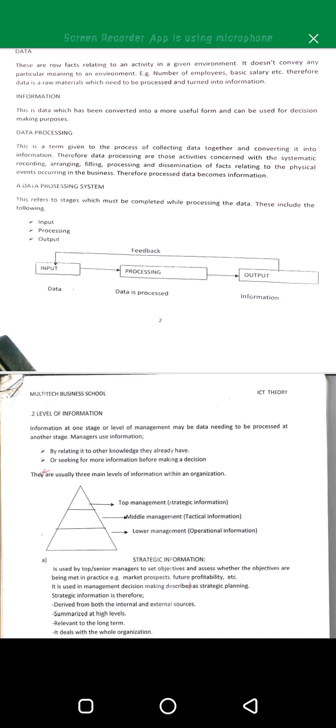After inputting data, this data will undergo that stage of processing. After being processed, it will eventually turn into information at the output stage. You cannot input data and output data after processing it. The moment you process data, it will become information. The moment data is not processed, it will remain as data.